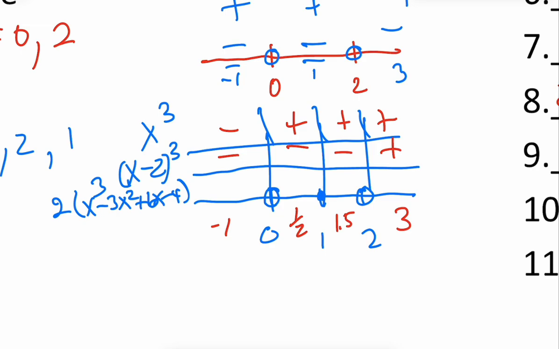If I plug in -1, I get a negative. 3 negatives make a negative. That section's concave down.